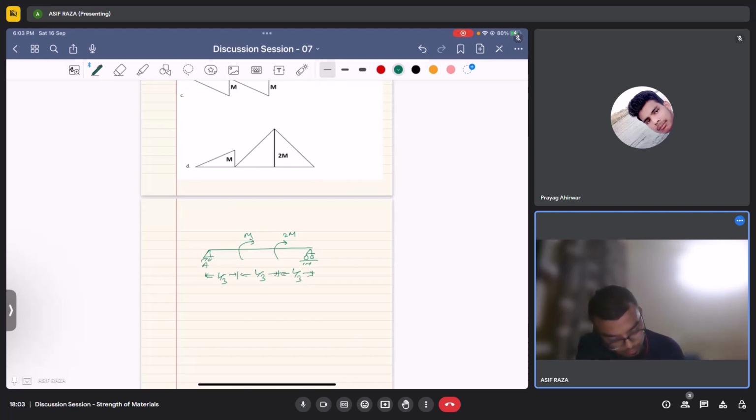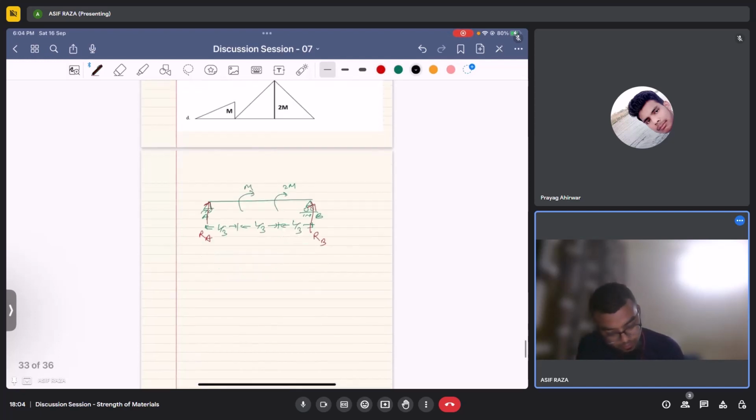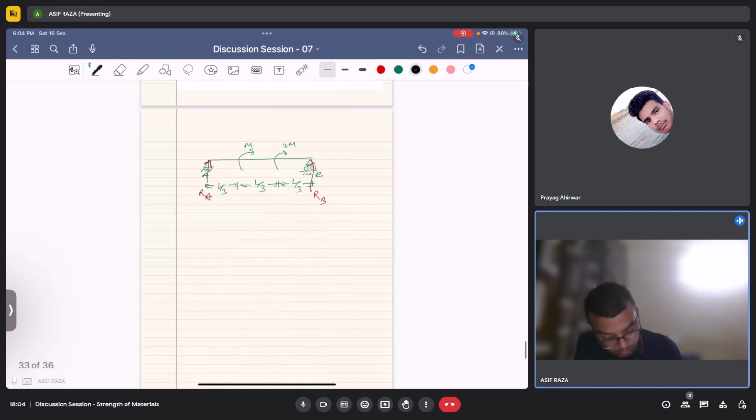A here, B here. Now the reactions would be RA and RB. Let us find these reactions. Take moment about B equal to 0. This gives RA into L plus M plus 2M equal to 0, because all are in the same direction.